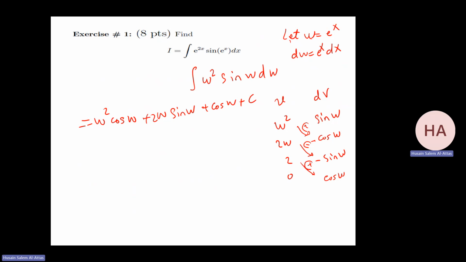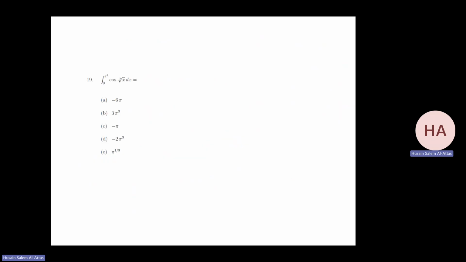Plus, minus, plus. So that will be minus e to the power 2x cosine e to the x plus 2 e to the x sine e to the x plus cosine e to the x plus c. And that will be it. This is the last one.